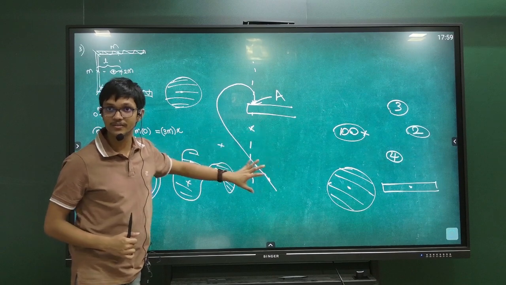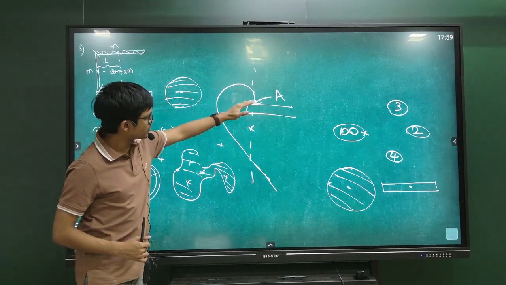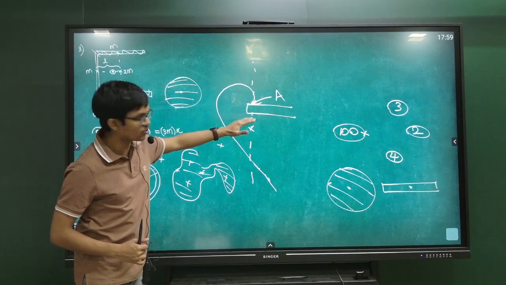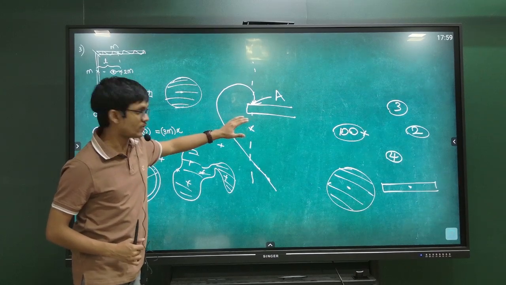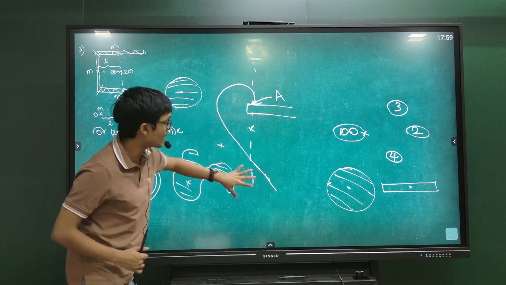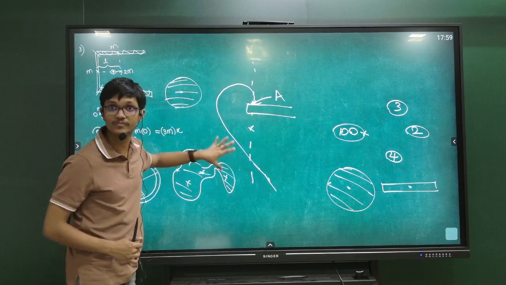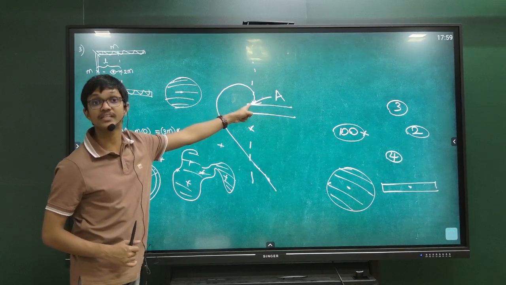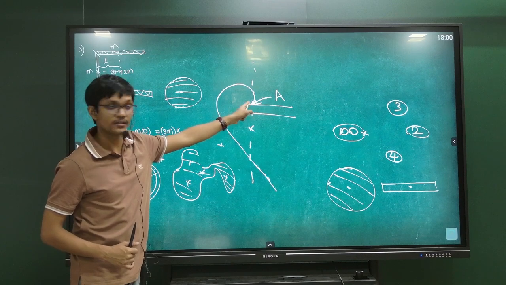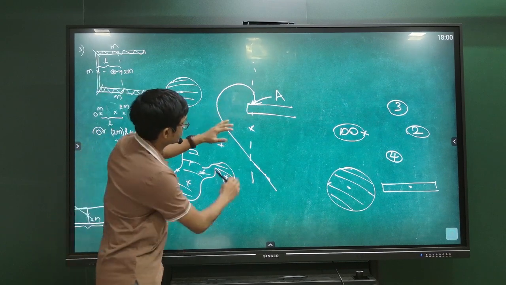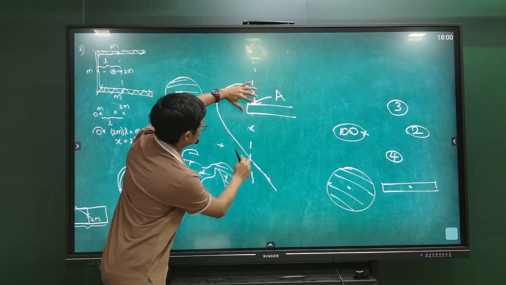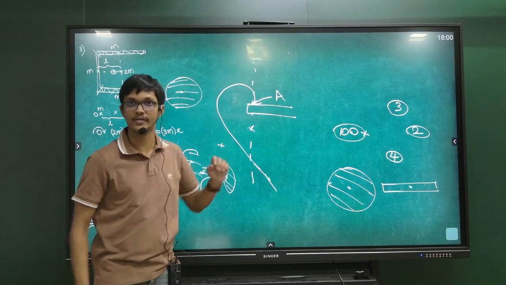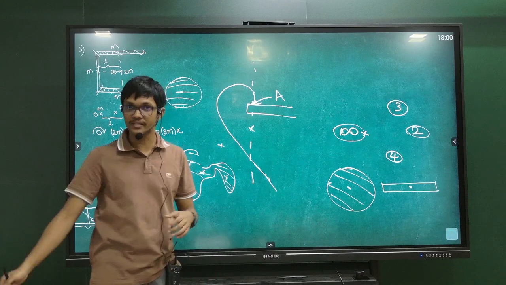Clear? So center of gravity should be at least a little bit lower. When you have this much mass in this area, you can't tell that center of gravity will be here. From my point of view, it should be closer to this part also. Why? There's a lot of mass here.